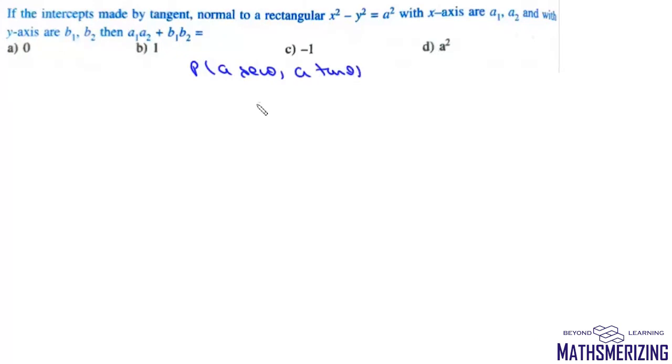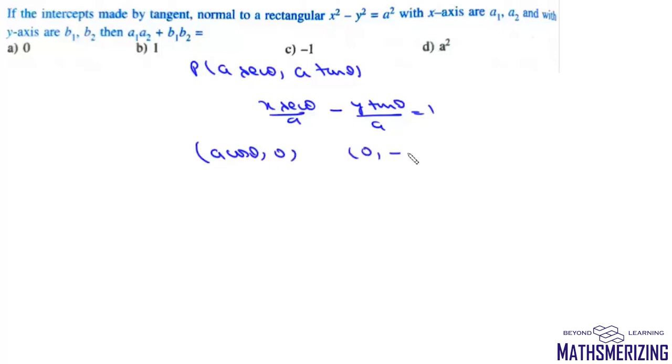Now we know that the equation of the tangent to a hyperbola is given by x secant theta upon a minus y tan theta upon b, which in this case is again a, and it is equal to 1. Now we'll get intercepts as a cos theta comma 0 and 0 comma a cot theta. So that's your A1 and this is B1.